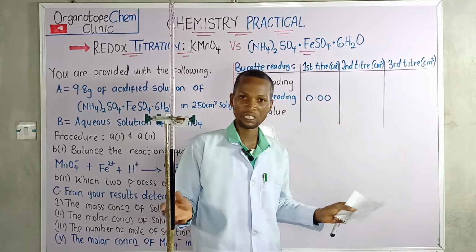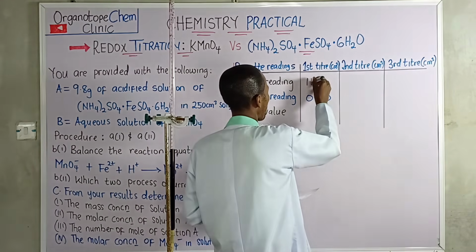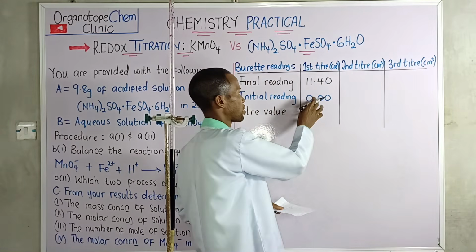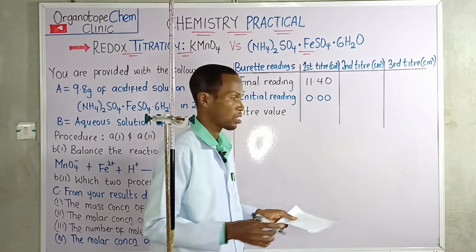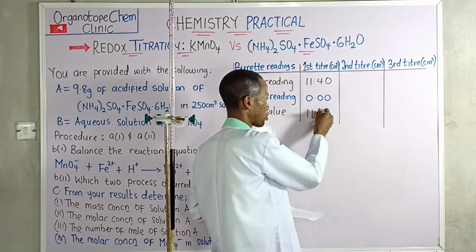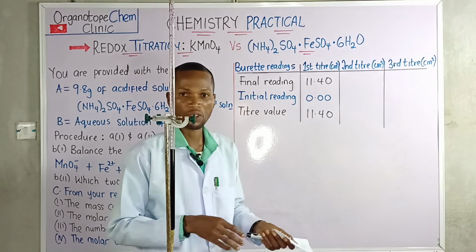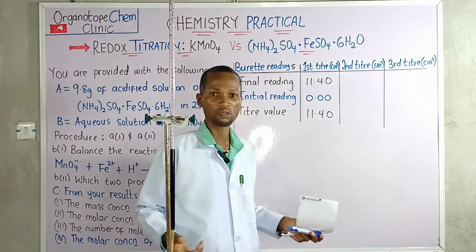The final burette reading for the first titration is 11.40. Okay, so by the time we subtract 0.00 from 11.40, what do we have? 11.40. That's right. Okay, that's for the first titration. Now for the second titration, we continued the titration without refilling.